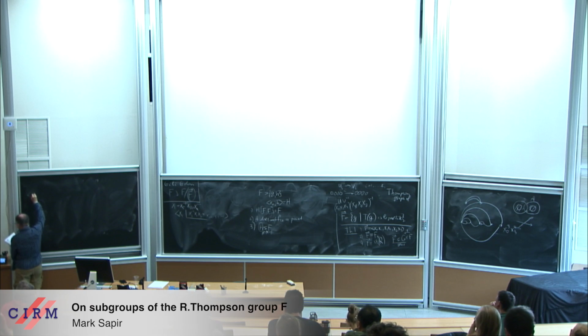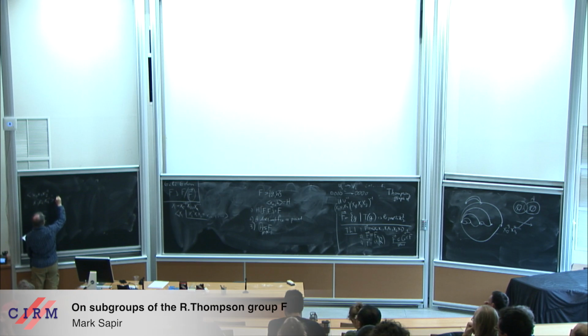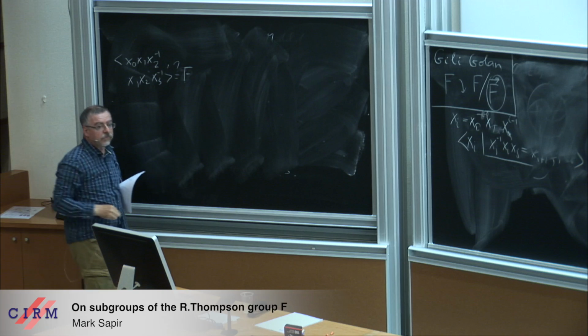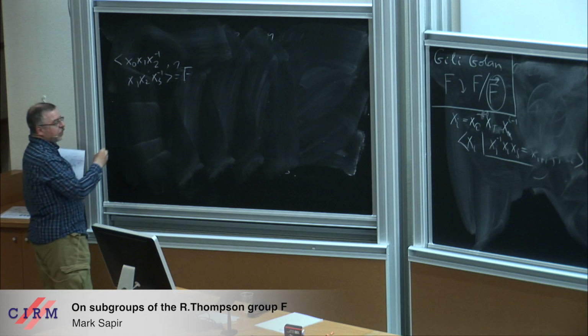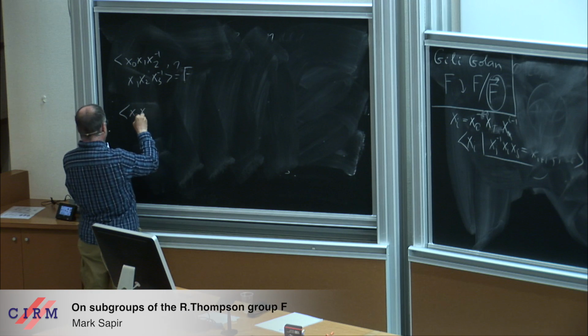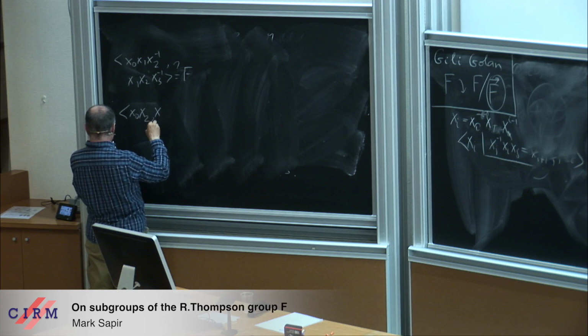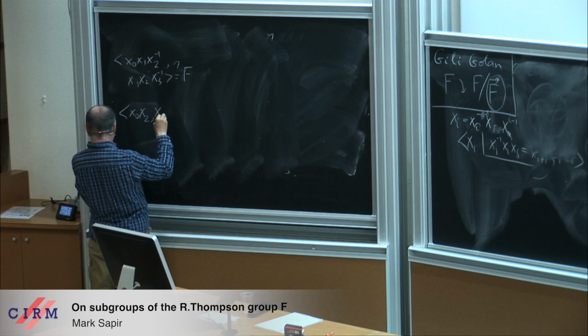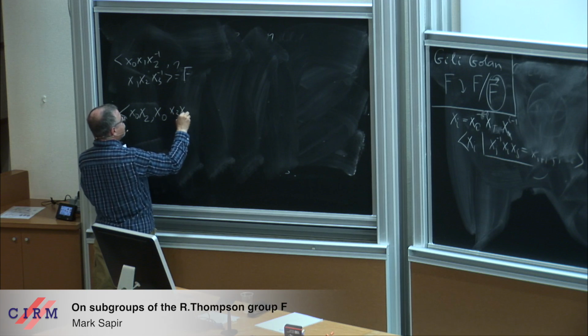OK, so the first thing is this. X2 inverse and X1, X2, X3 inverse. Is it equal to F or not? OK, the second question is X0, X2, X0, X3, X6.